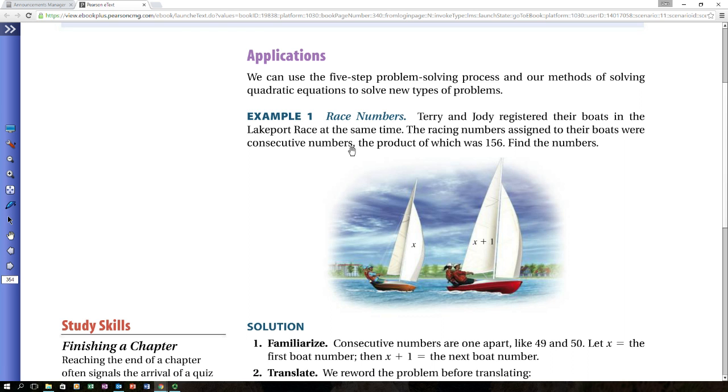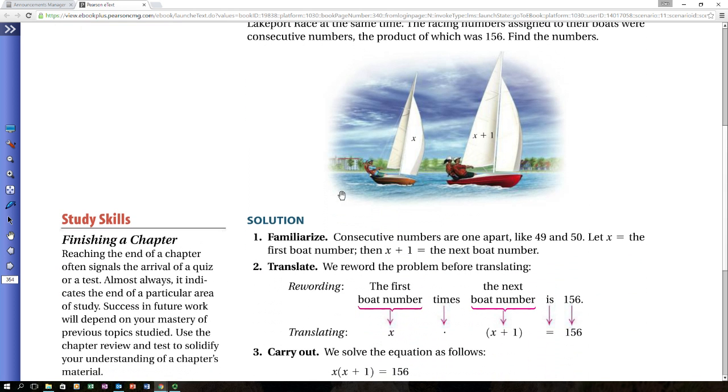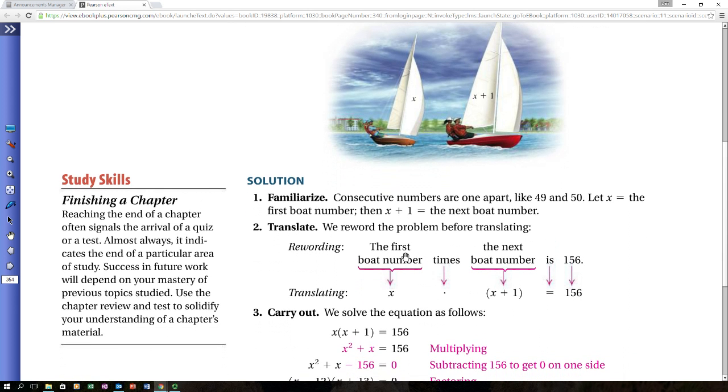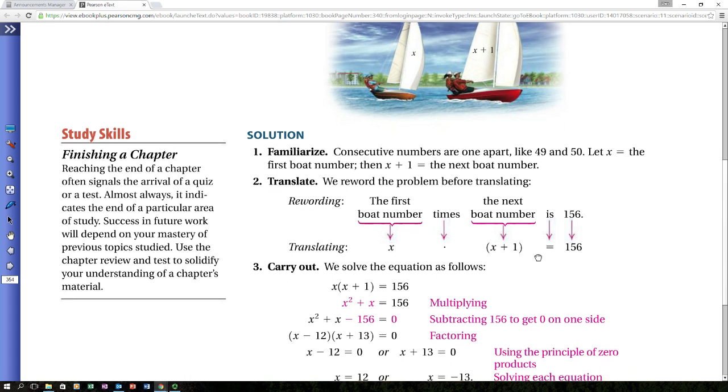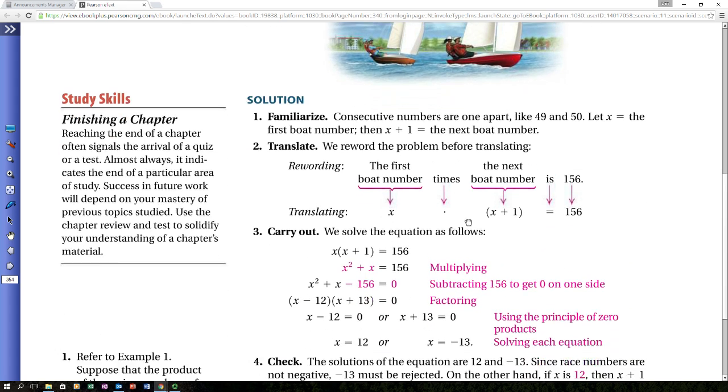Well, they go through some strategies again for applications. This shouldn't be new information, but you want to familiarize yourself with the problem, and then translate it again. We're going to actually take the words and pull out variables and operations and create an equation with an equal sign, right? And then solve that equation.